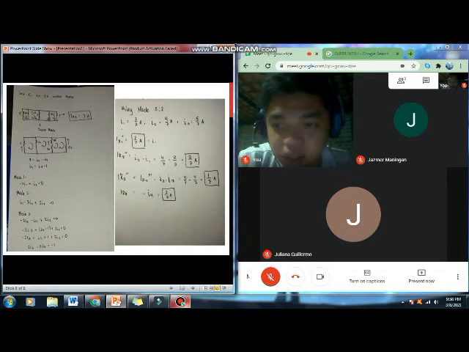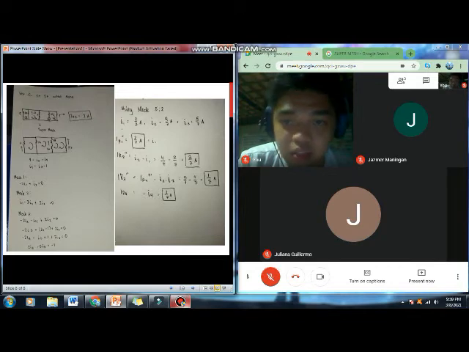Then, i-insert natin siya sa calculator using mode 5 2. Then, we will get our I sub 1, the value of 2 over 7 amperes, I sub 2 of 4 over 7 amperes, and IR sub 3 is equals to 5 over 7 amperes.